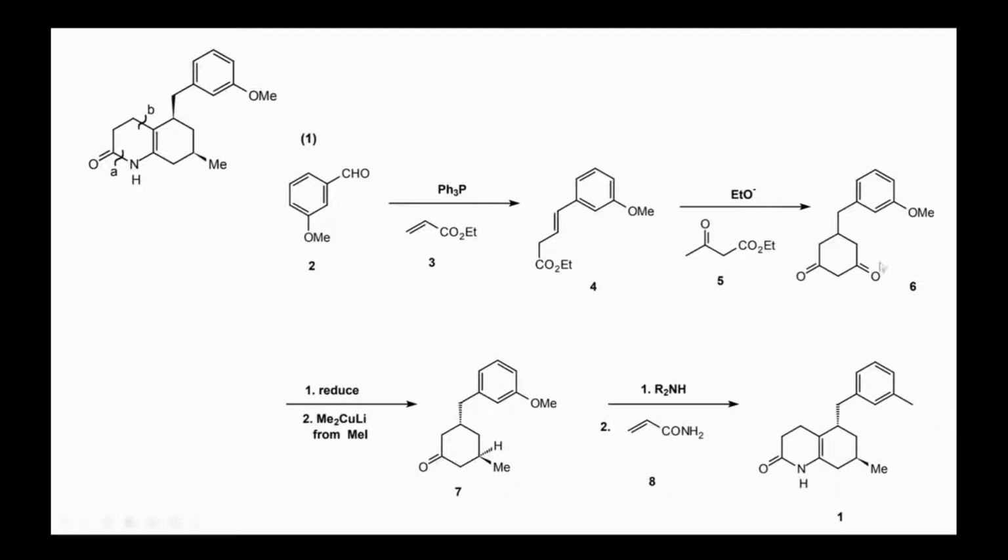Okay, then now you have this 1,3-diketone functionality. What you do in number 1, reduce it by using any reducing agent, say for example sodium borohydride, and then you do alkylation using a lithium reagent from methyl iodide.